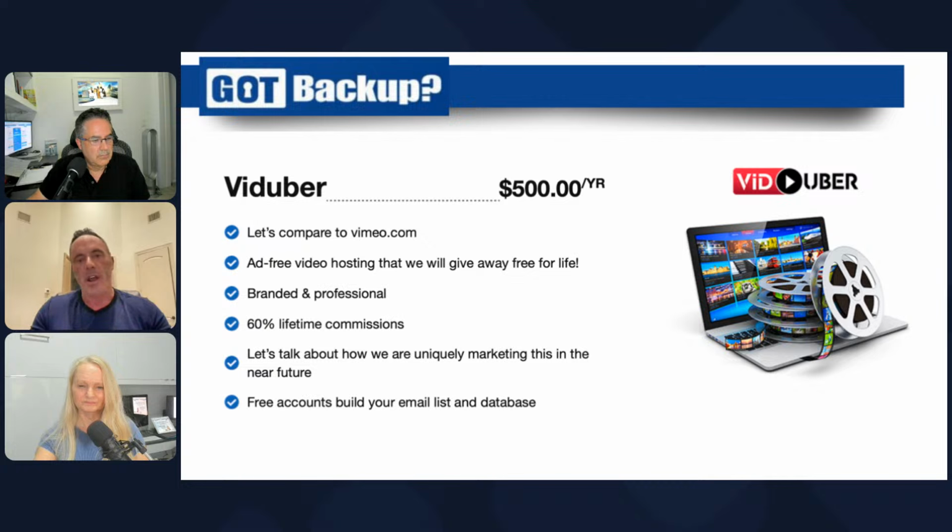Now, these tools that we're going to talk to you about were something I put together to help you build a better online presence, because the bigger your online presence is, the more leads you can generate and the more you start branding yourself. VidUber, as an example, is our video streaming service that we passed on to everybody.